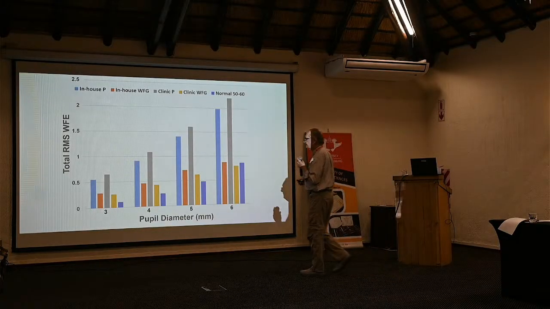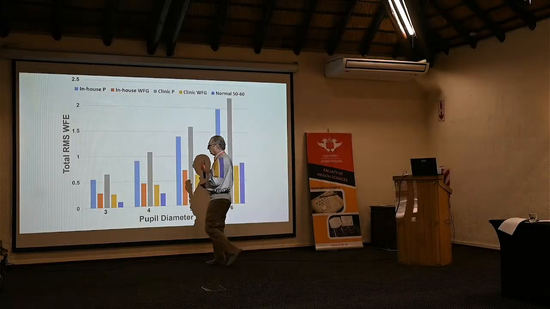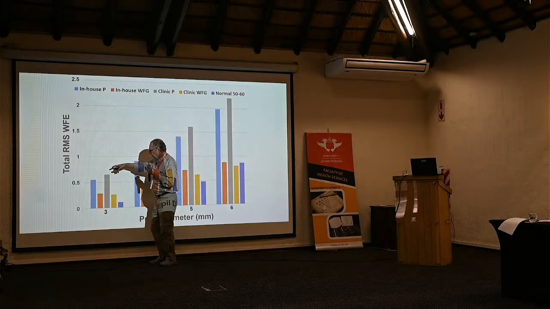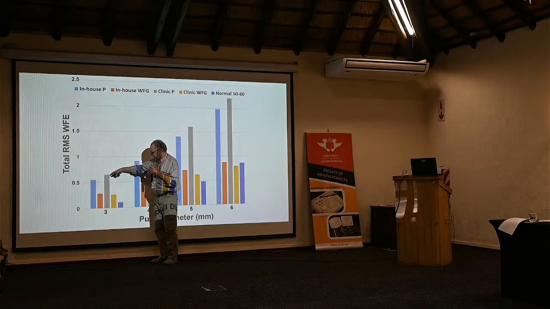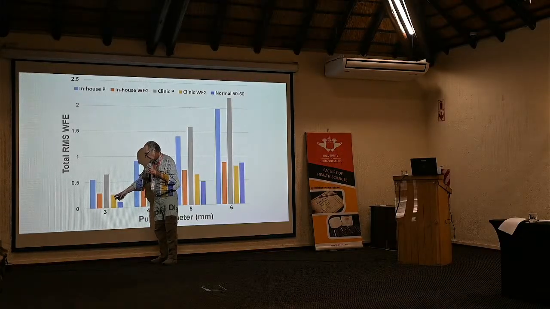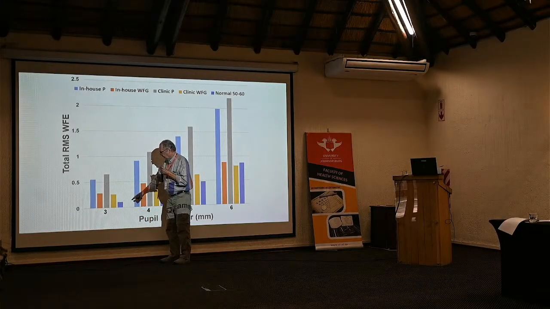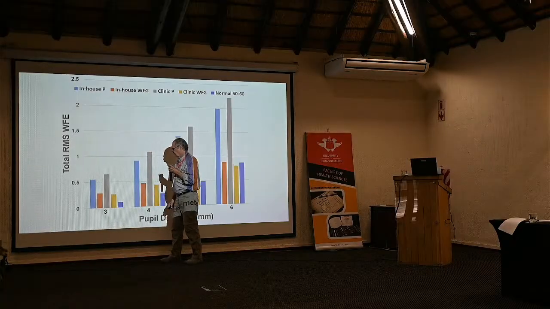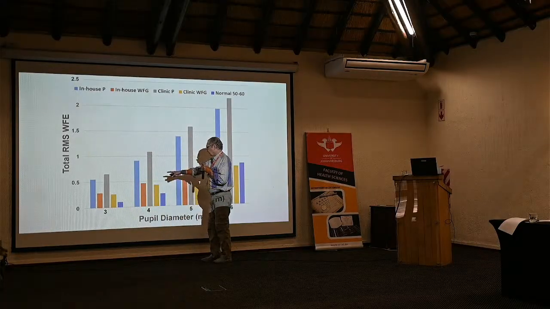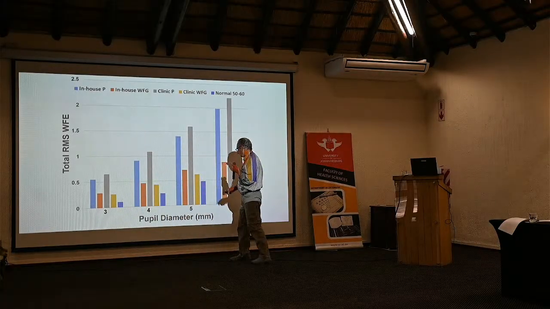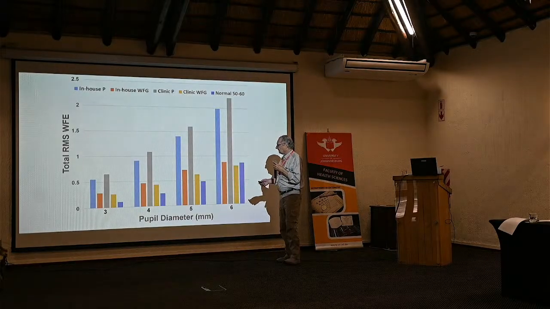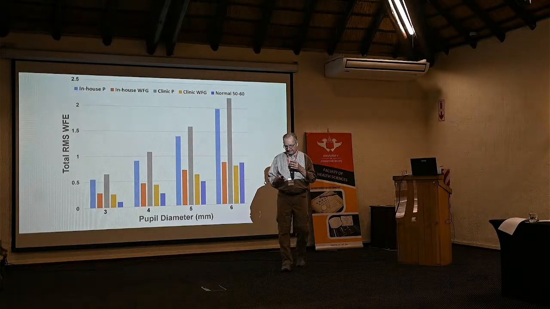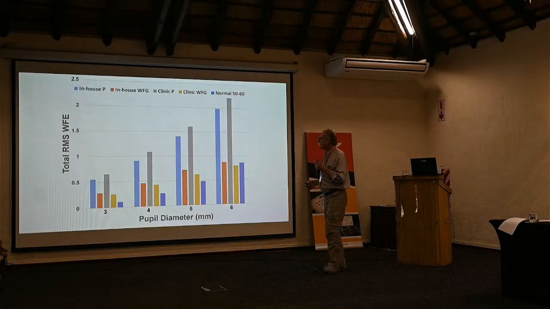So you can see the predicate lens to wavefront guided, the predicate in the clinical population, the wavefront guided, and then normal aberrations at 3 millimeters, same for 4, 5, and 6. Okay, so you can see we're getting people back into the normal range.